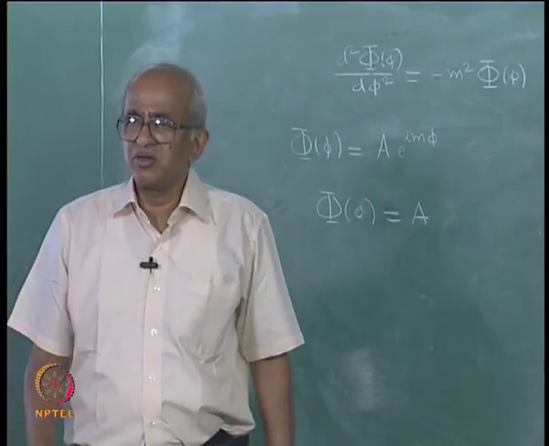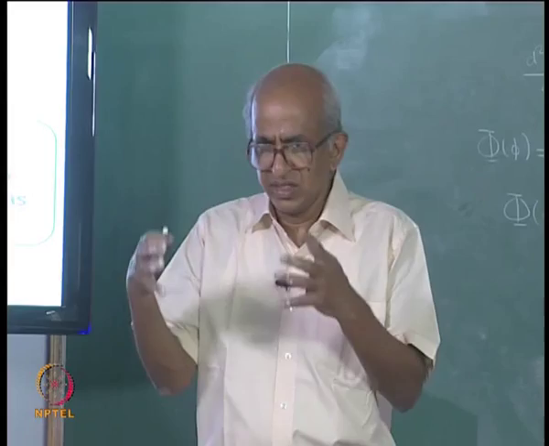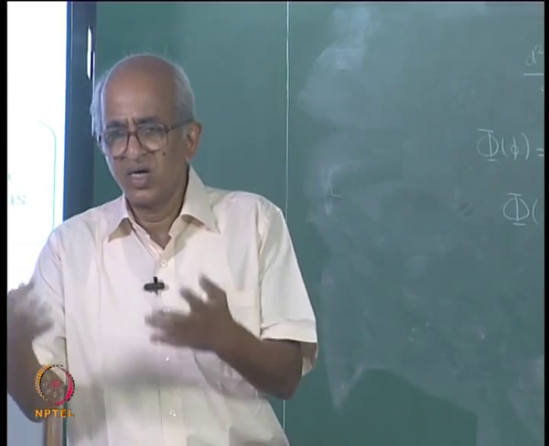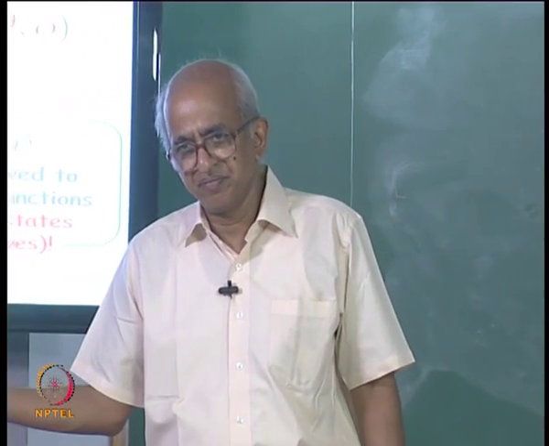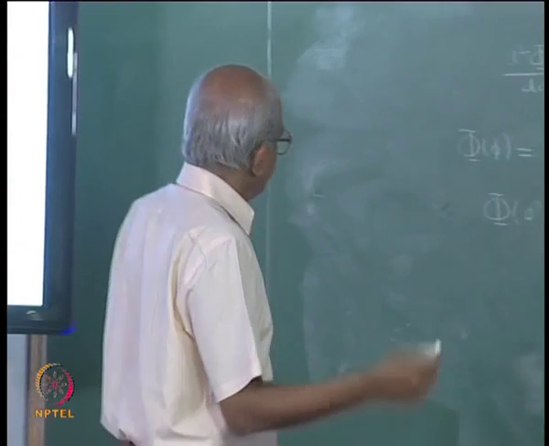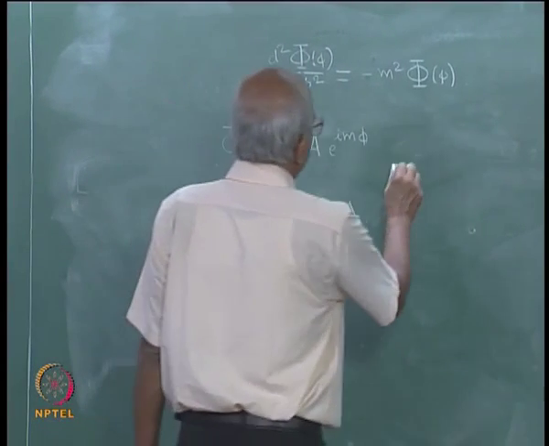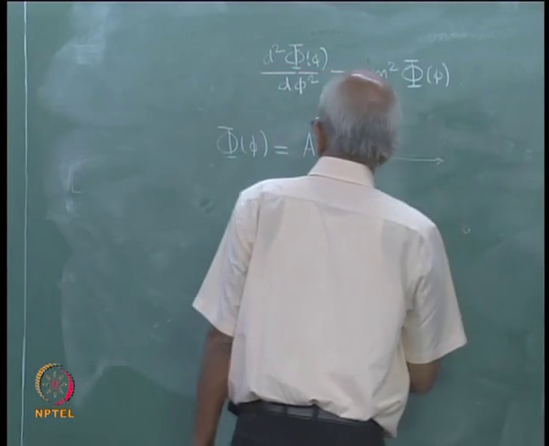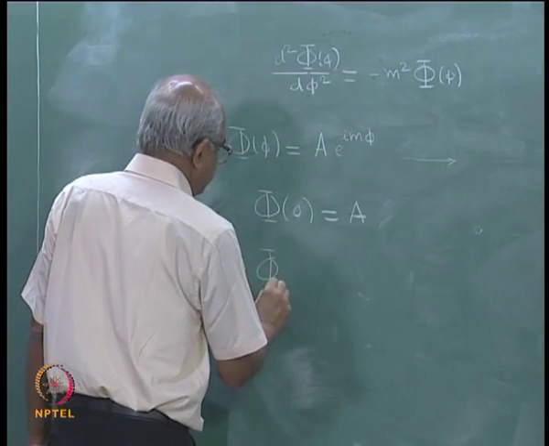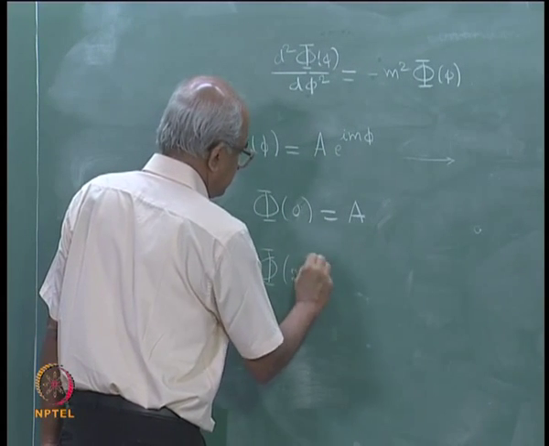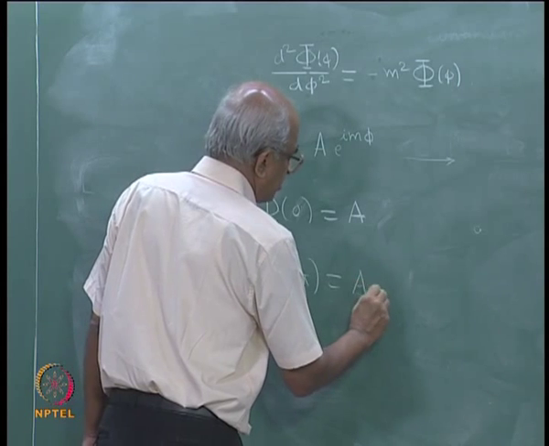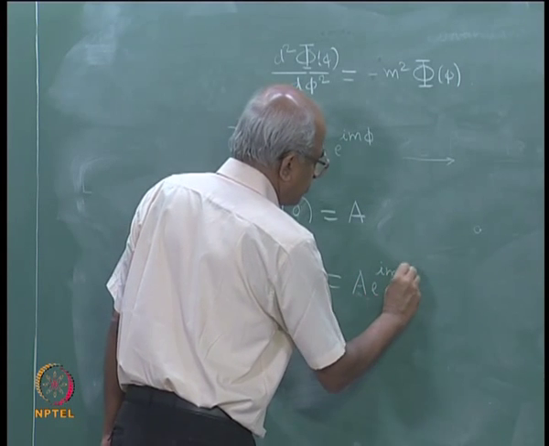But one of you may say, no, I do not want that value of the angle phi, I will put 2 pi, right. So, if you put 2 pi, the answer that you are going to get will be a e to the power of i m 2 pi.